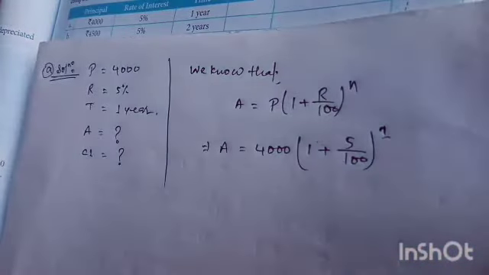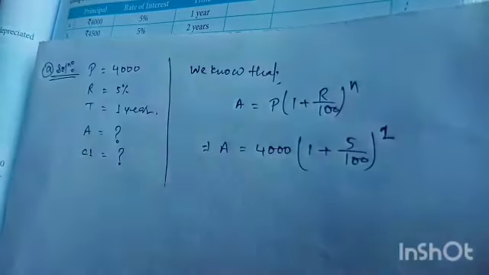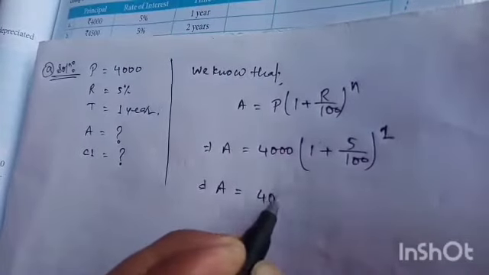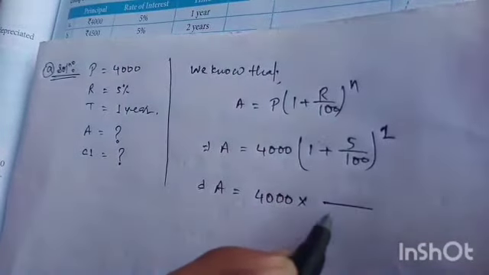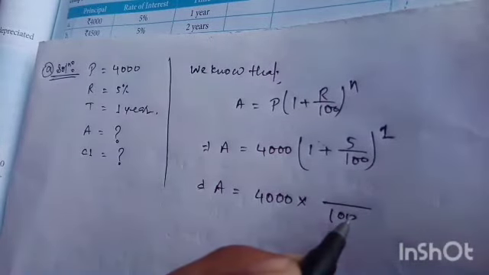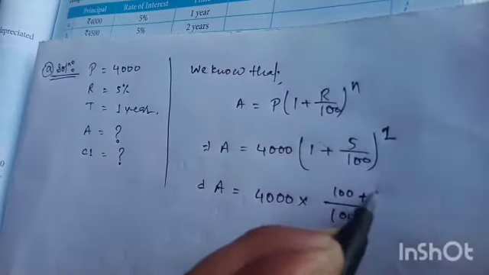Time is given to us only 1 year, so we will write here 1. Okay, that means amount is equal to 4,000 into, see, if you are taking the LCM, then it will be 1. By this 1, you divide this 100 into 1 means 100. You will be getting here 100 plus 5, right?